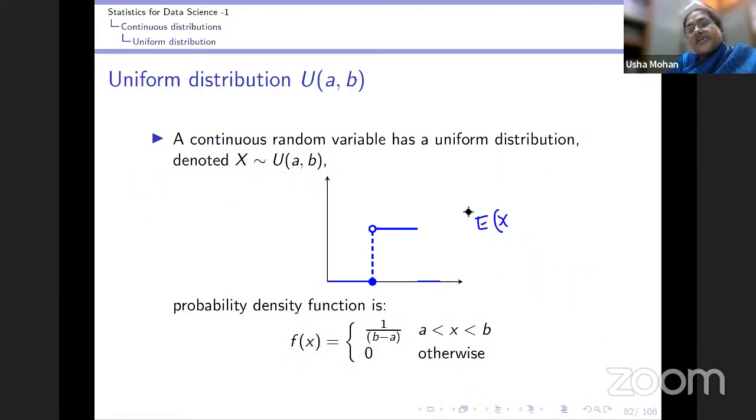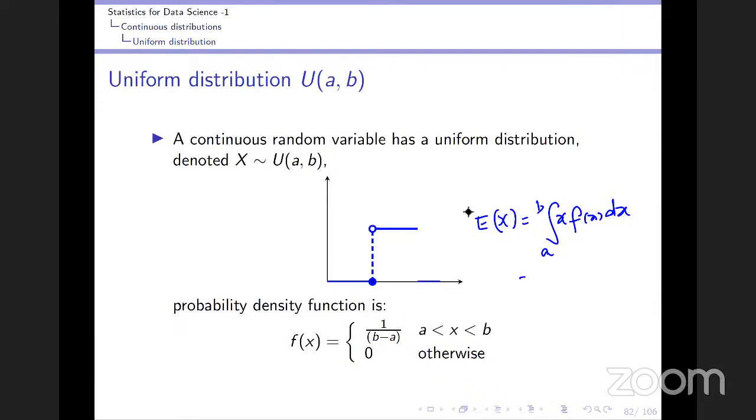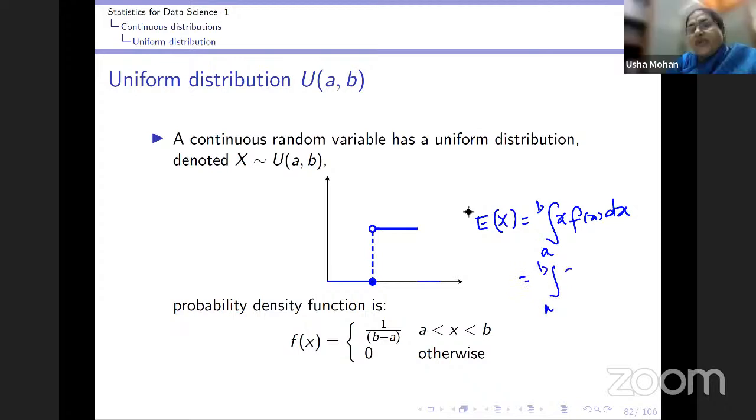The expectation of this random variable is the integral from a to b of x into f of x dx. This is from the definition. What is the value of f of x? It is 1 by b minus a. So 1 by b minus a is a constant, times the integral from a to b of x dx.